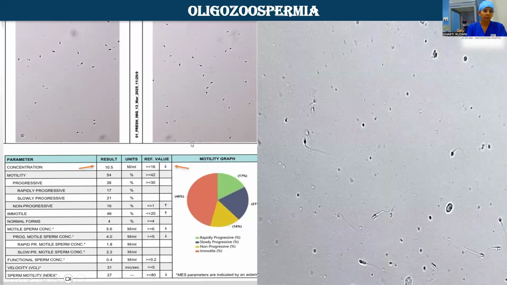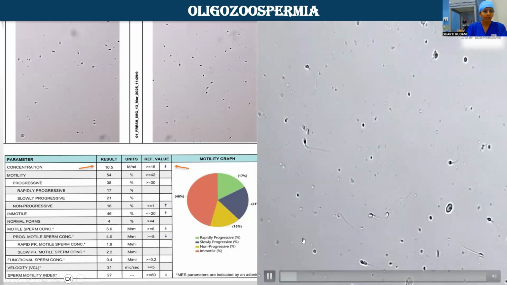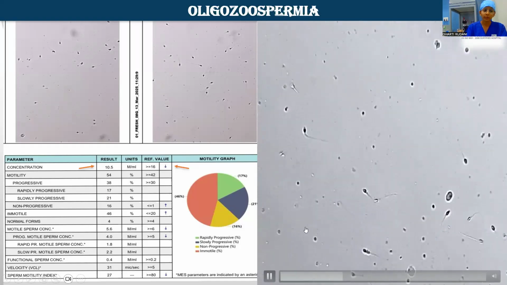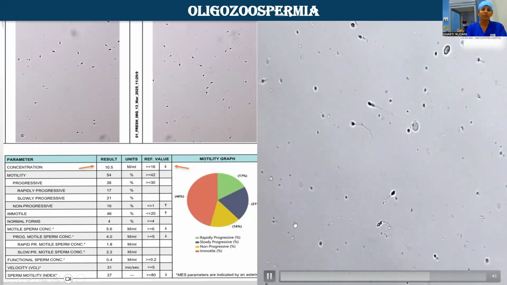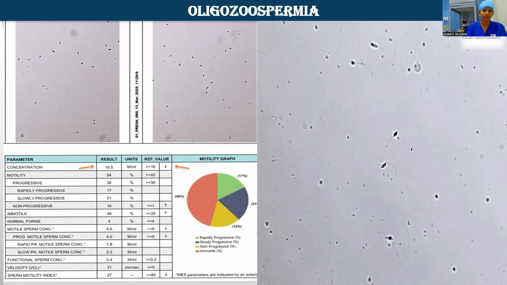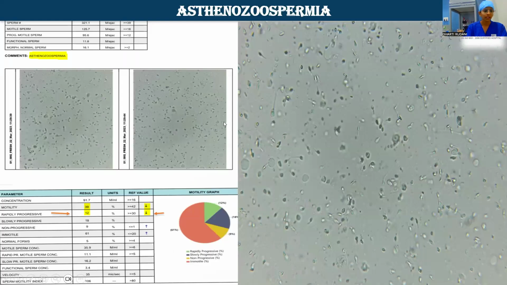This is oligospermia, characterized by reduced sperm concentration, fewer spermatozoa, reduced probability of natural fertilization, and treatment depends on severity and associated abnormalities. Asthenospermia refers to reduced progressive motility.